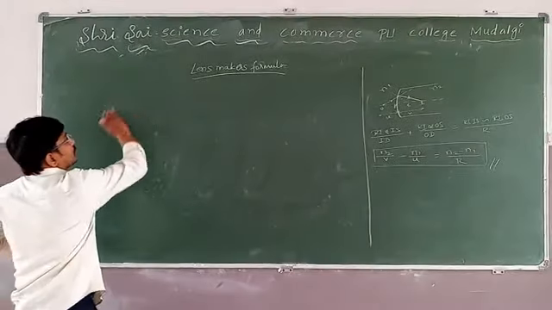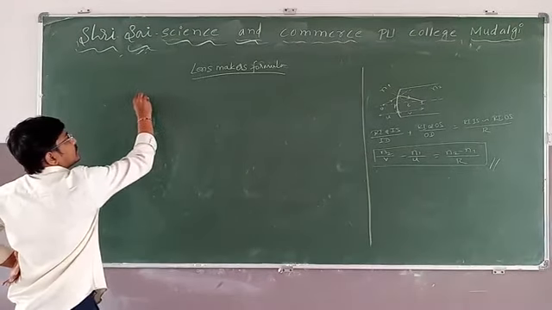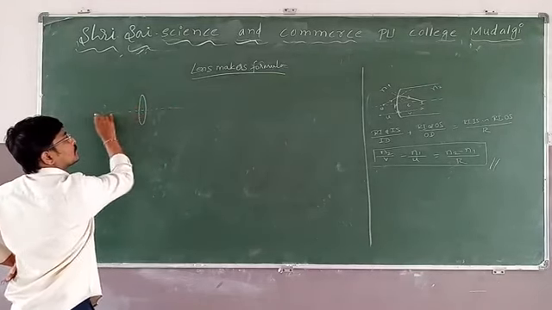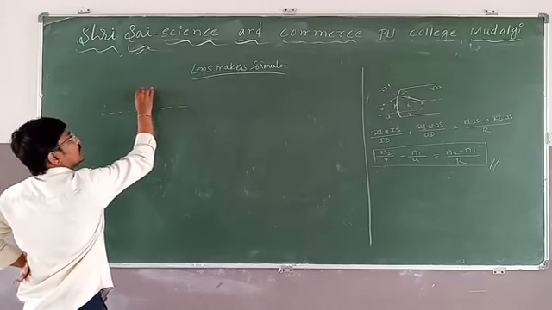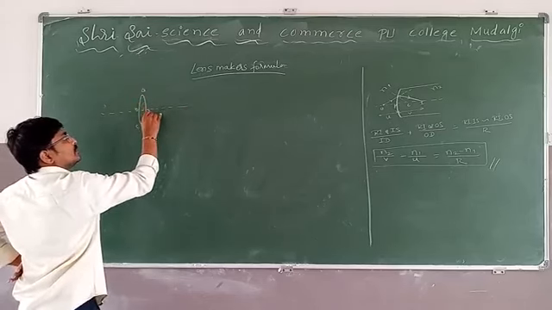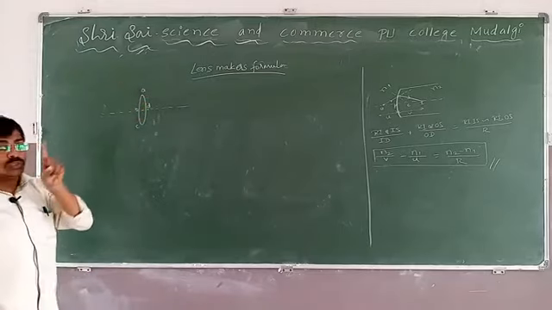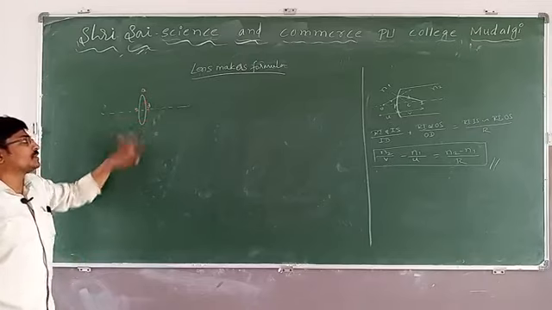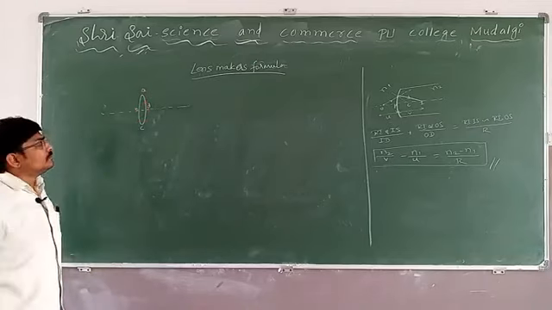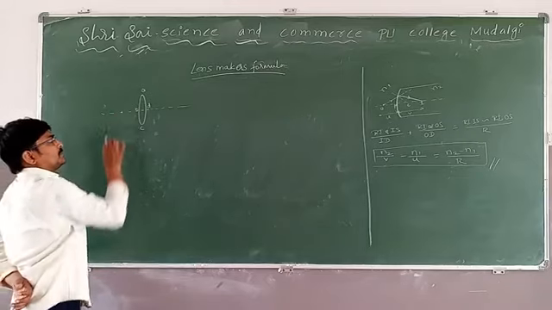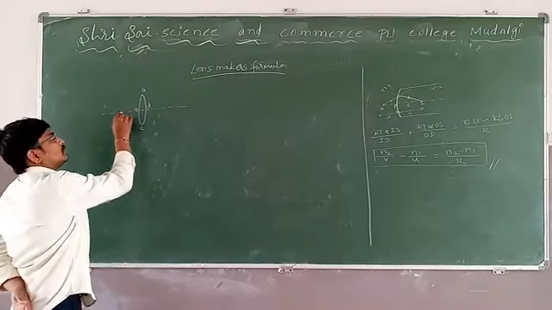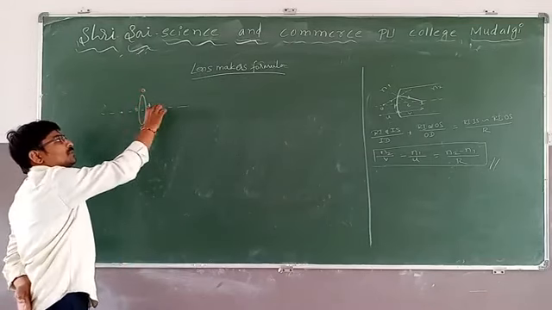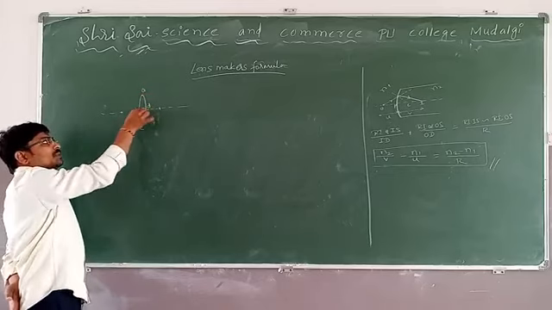That's why if I consider one lens here, a convex lens, A, B, C, D. See, here I consider two spherical surfaces. ABC is one spherical surface, ADC is one more spherical surface. When the object is kept here, remember, for the ABC surface there is one radius of curvature, for the ADC surface one radius of curvature.